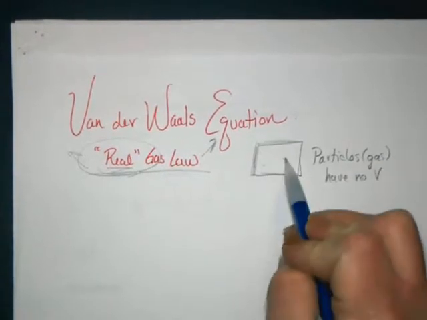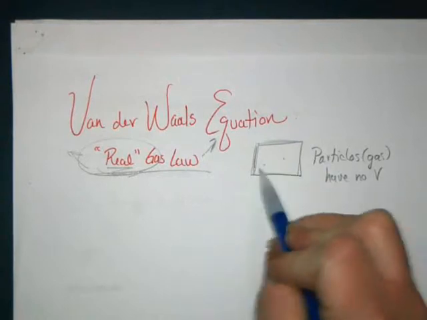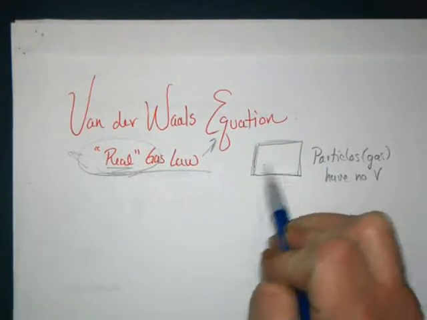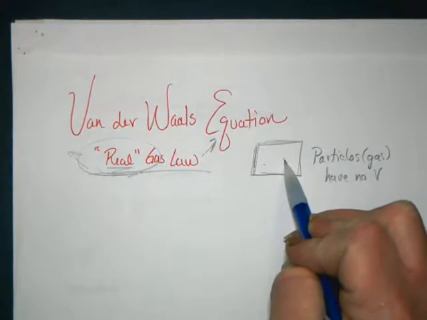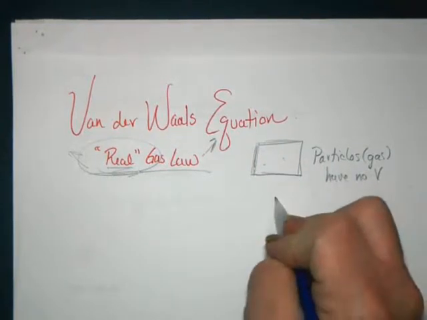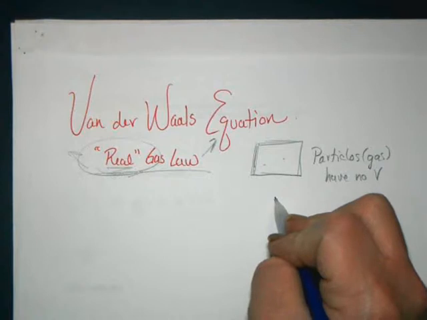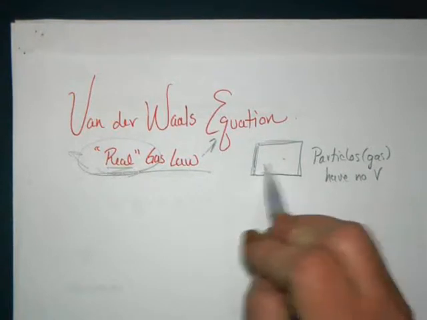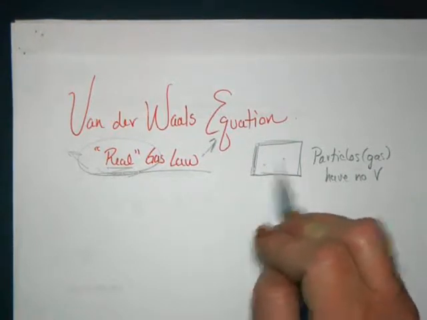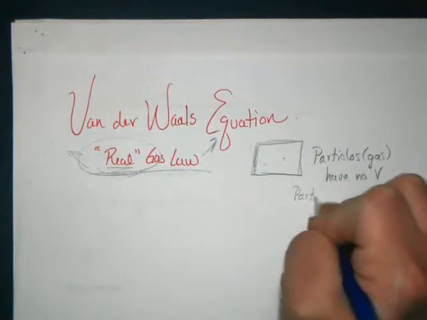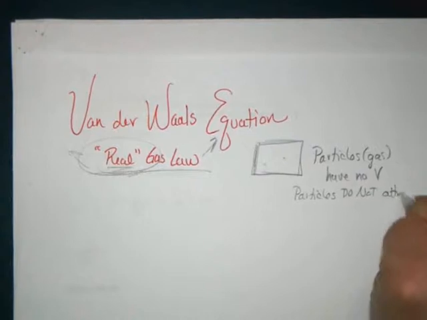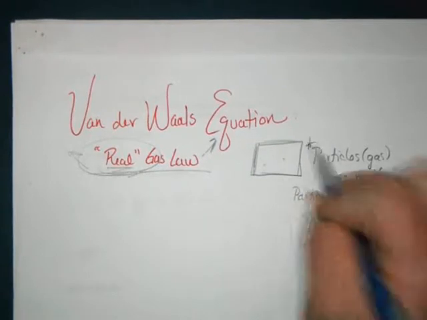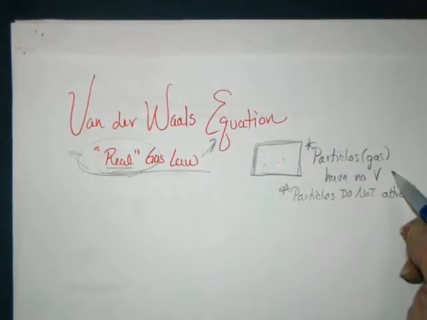We also say that a gas moves in rapid random motion, that when gas particles collide, they are elastic collisions. There is no net loss of energy. We also say that the temperature of the gas is directly proportional to the kinetic energy, and that the particles themselves do not exert attraction on each other. Well, these are the two main violations that really make a real gas a real gas.